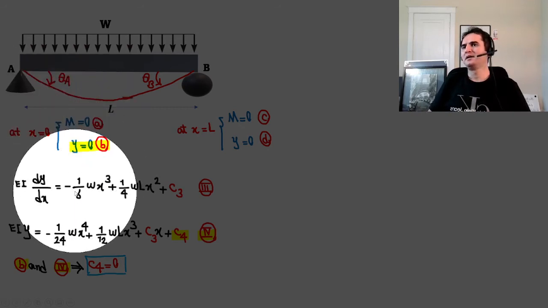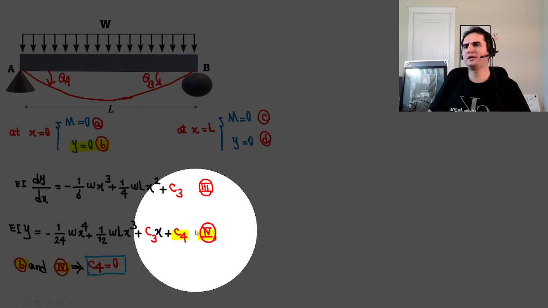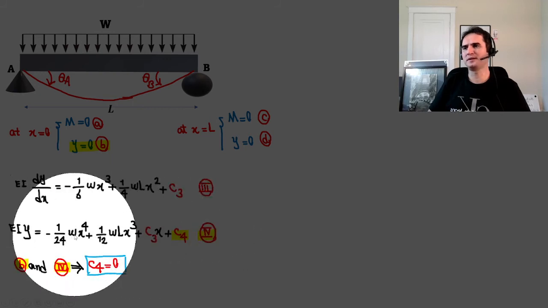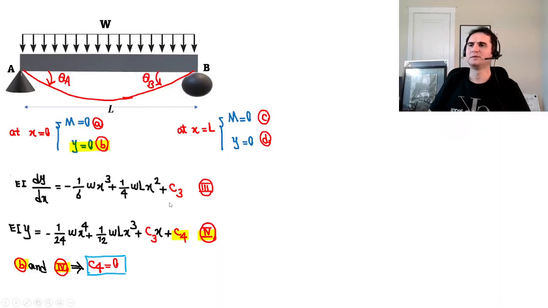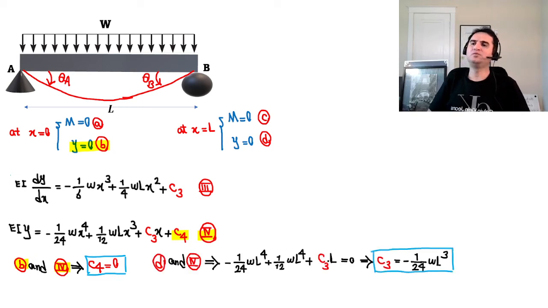And 4 is this equation. If you replace all the x by 0, it gives you C4 equal to 0. At the same time, using D and 4 gives you C3 equal to negative 1 over 24 WL cubed.